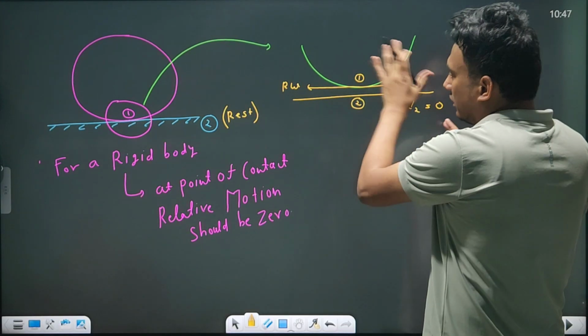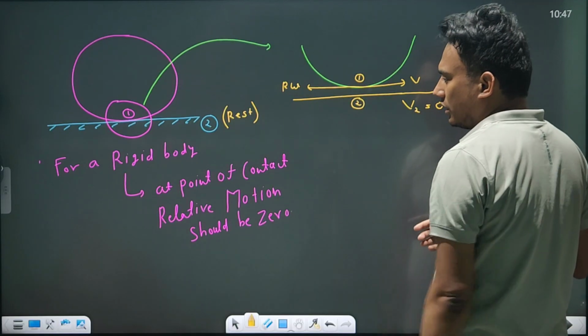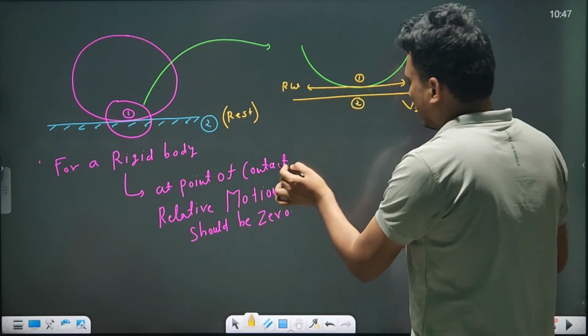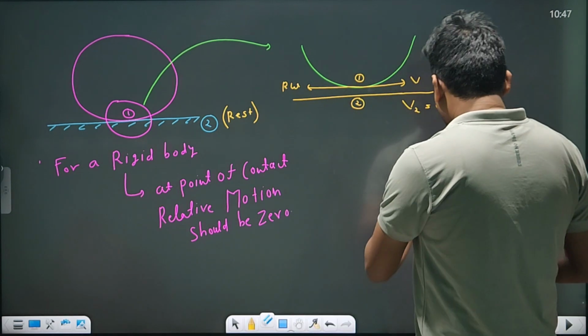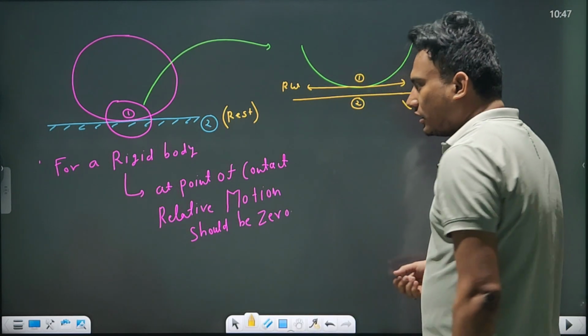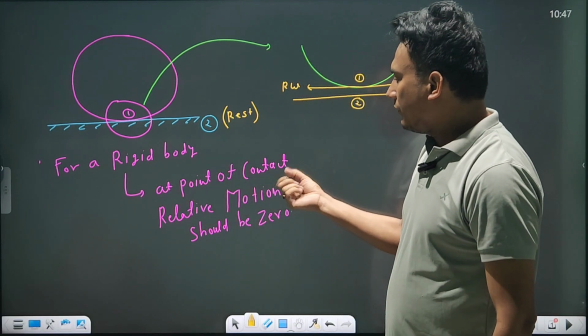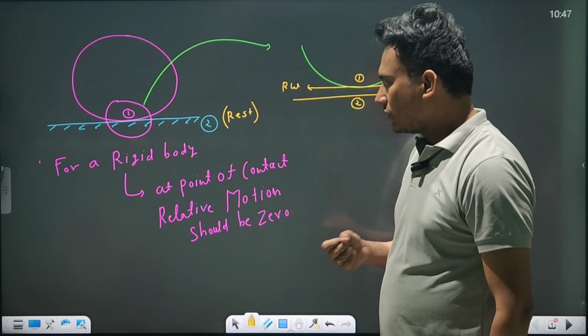First we understand the mechanics at the contact point, then I will come back to the definition and we understand it with this diagram. So I write the definition. Pure rolling is a concept valid for a rigid body, and at the point of contact, relative motion should be 0. What is a rigid body?